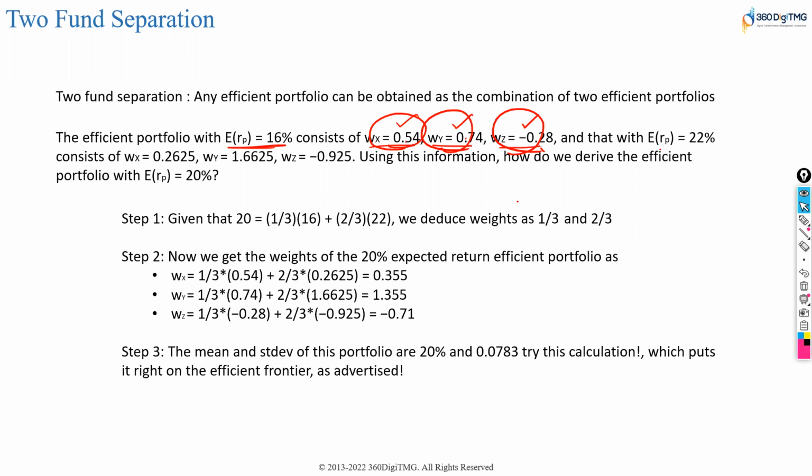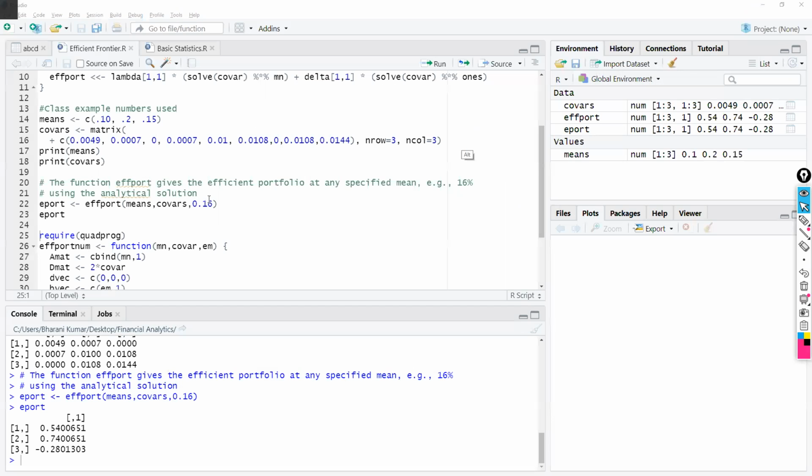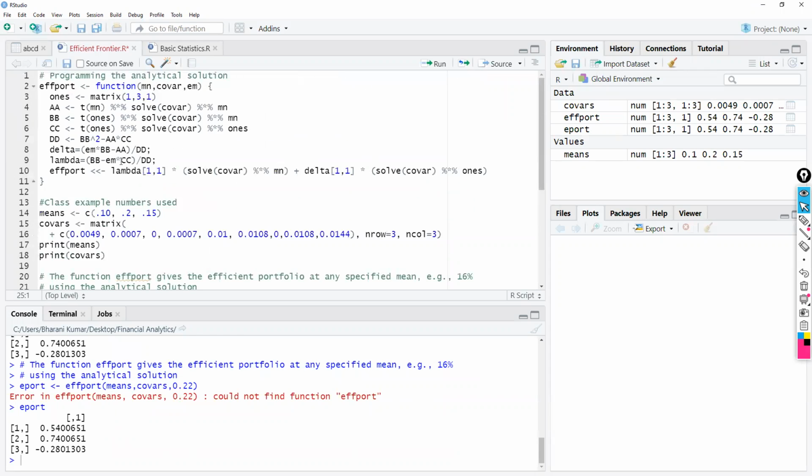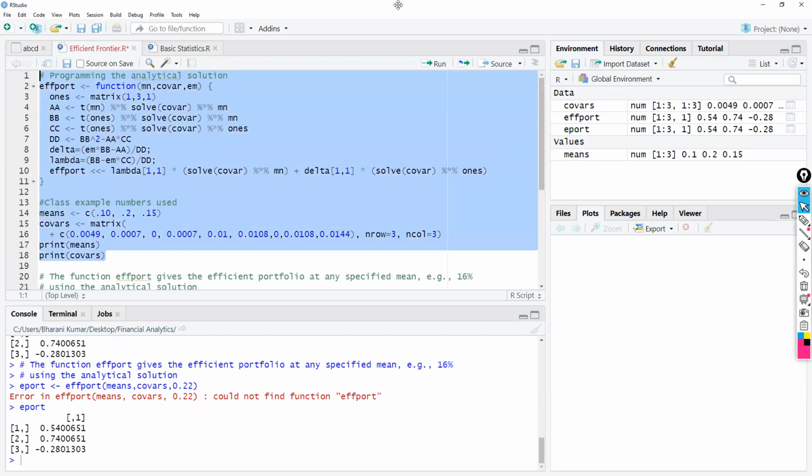If you're expecting an expected return of 22%, for example, all you need to do is change this to 0.2. Run it, and once again, get these.